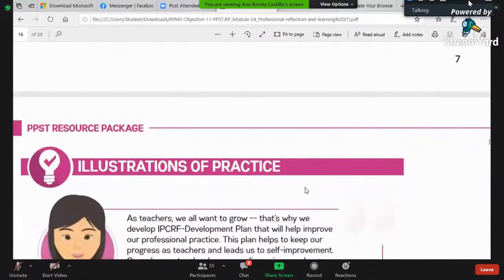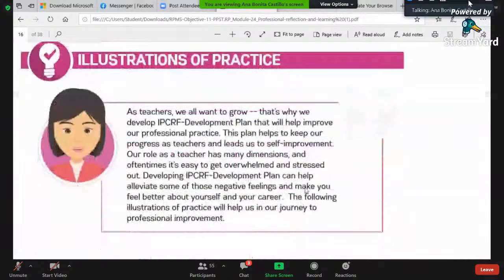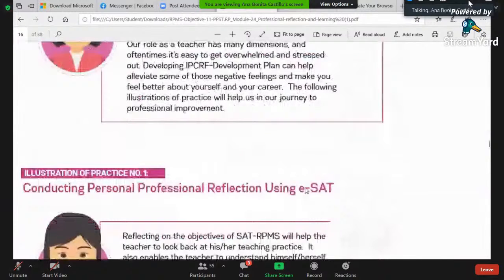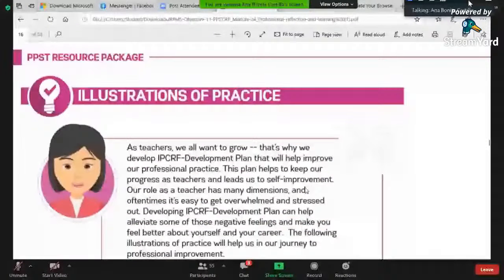Illustrations of practice. As teachers, we want to grow. That's why we develop an IPCRF development plan that will help improve our professional practice. This plan helps to keep track of our progress as teachers and leads us to self-improvement.